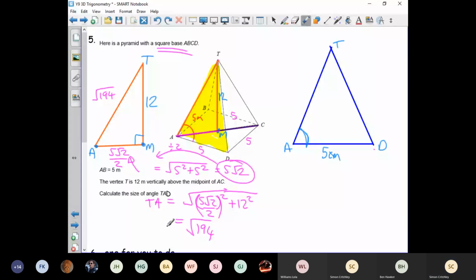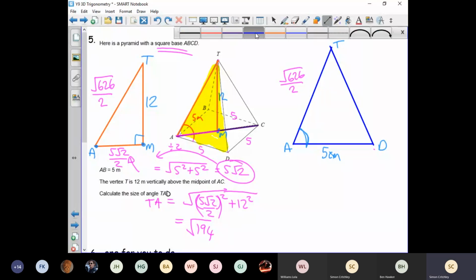I'm getting the square root of 626 over 2 for this value up here. Okay, right, well that is the TA, square root of 626 over 2. This working with exact values all the time is quite hard, isn't it? Because it's easy to get confused with it.